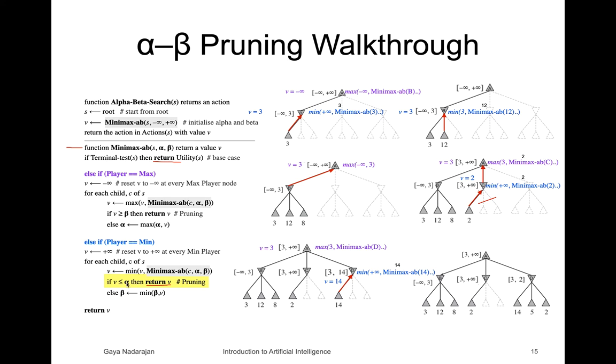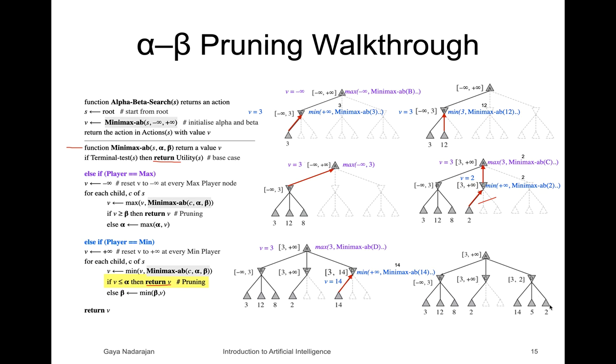It goes on to the next child. It will go to 5, and it will come back, because V is now 14, and V will be updated to get the value 5 because 5 is smaller than 14, and beta gets updated to 5, right?